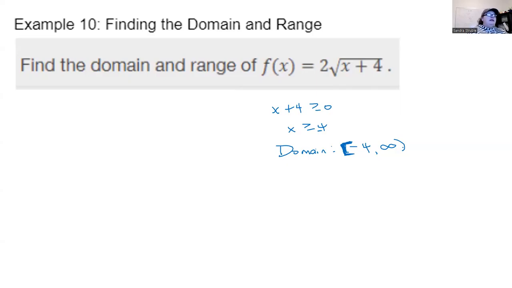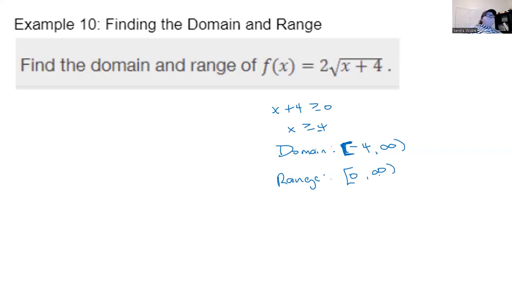Can I get 0 as an answer? I can if I plug in -4 for x, because -4 plus 4 is going to give me 0. Square root of 0 is 0, times 2 is 0. So my range is going to start from 0, including 0, to +infinity.